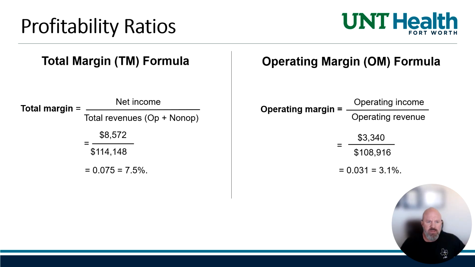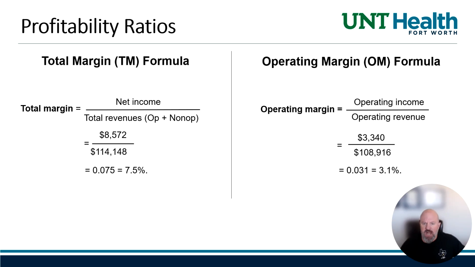Here are two profitability ratios. You have the total margin formula and the operating margin formula. The total margin is your net income over your total revenues, both operating and non-operating. And so for Riverside, when you do the math, that comes up to 7.5%. Okay. On the operating margin side, the formula is operating income over operating revenue.